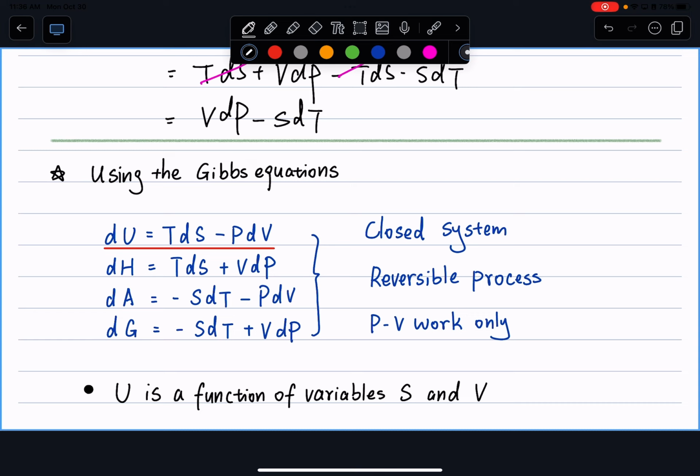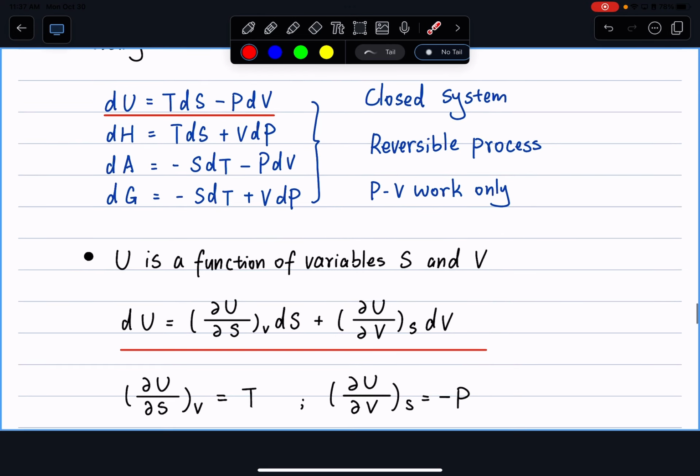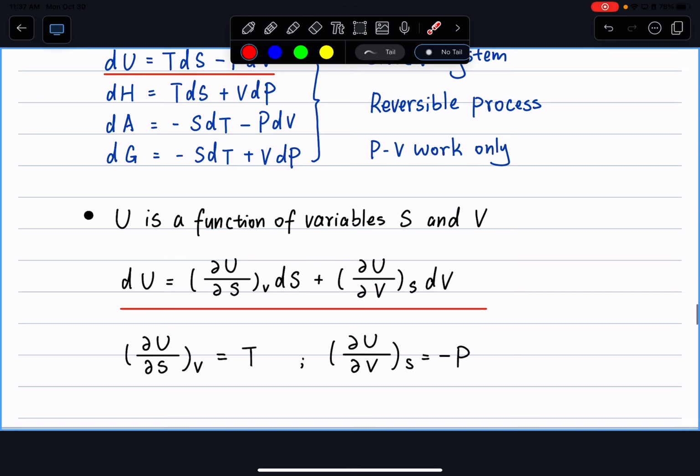So now what we're doing is using these equations to derive a relationship between your state function and the partial derivatives. For example, when we're looking at U, the internal energy, we know U is a function of entropy and volume, a function of S and V. So your dU is dependent on entropy and volume. Writing that out is just writing out the total differential.